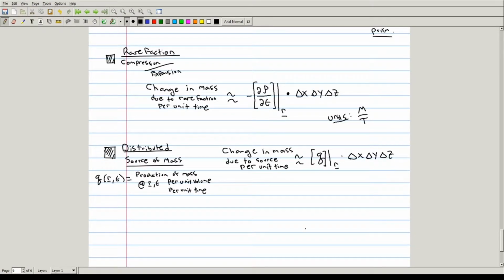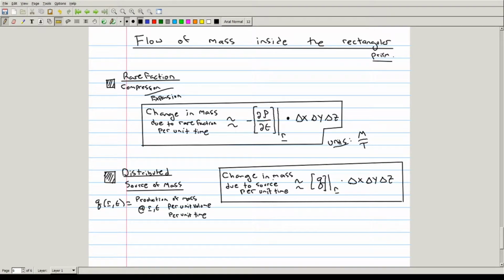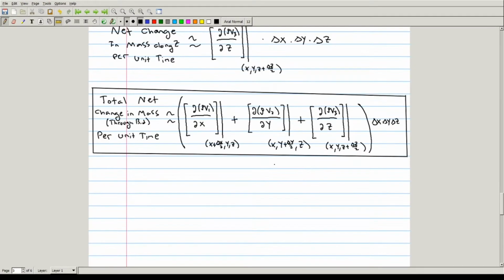So it's at this point now, right, where we combine everything that we've done, and we're at the final step that we need. We need to take the three approximations that we've just discussed, that's rarefaction and distributed source of mass for flow of mass inside the rectangular prism, and connect these with the total net change in mass per unit time across the boundary.